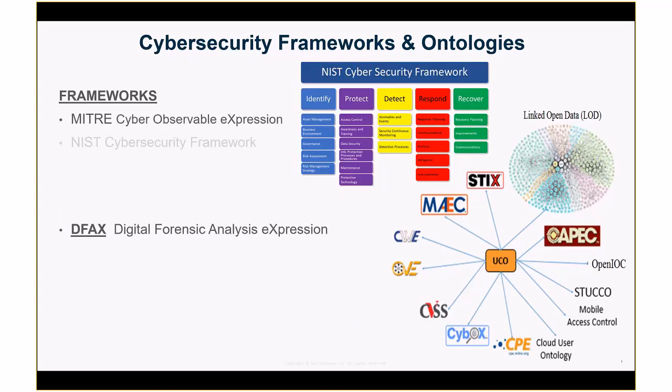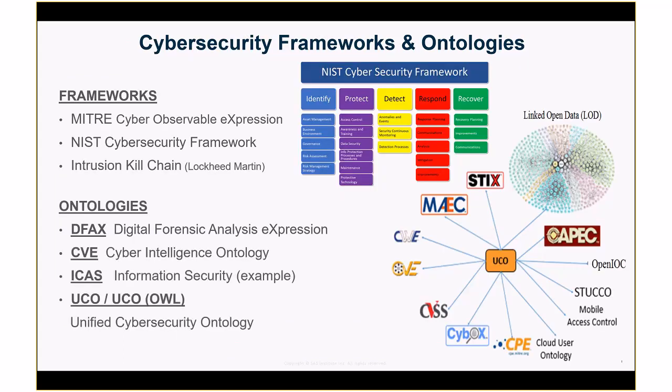So one thing that is very important is that we need some type of structure for the data. And this is where we can advocate the use of frameworks and ontologies in the cybersecurity realm, which is there's a number of different ways of framing cybersecurity incidents and threats and discussing how threats undertake an incursion.